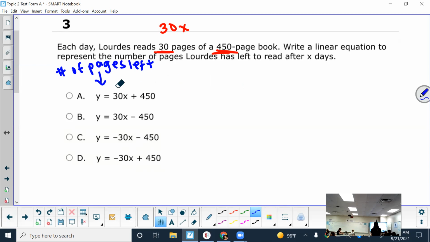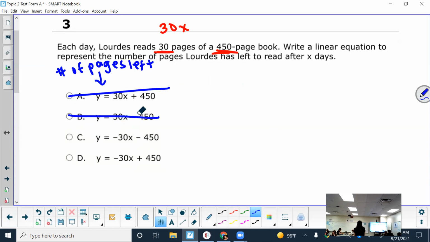So that doesn't make sense. That's why it's not A. B is 30x minus 450, so 30 minus 450, that's negative 420. Does that make sense? You'd have negative 420 pages to read. So that's why it's not B.